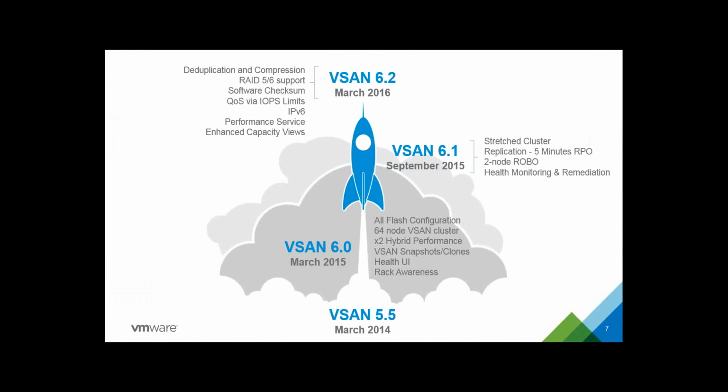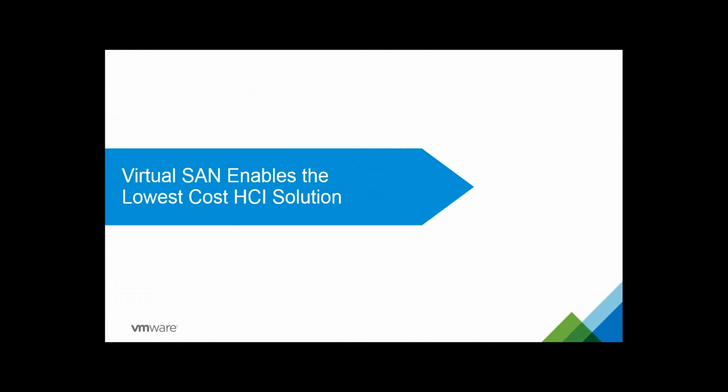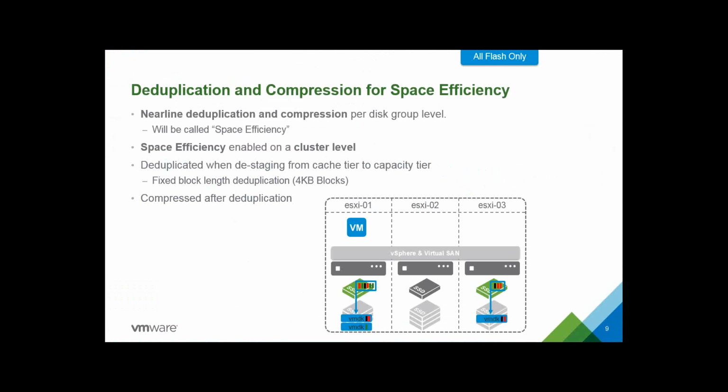We added erasure coding, RAID 5 and RAID 6 support, software checksums, and so on. I'm not going to read them all off. But important thing to mention is from March of 2014 to March of 2016, in 2 years, we've added a significant number of features. And customers keep asking, and we keep adding additional features, right?